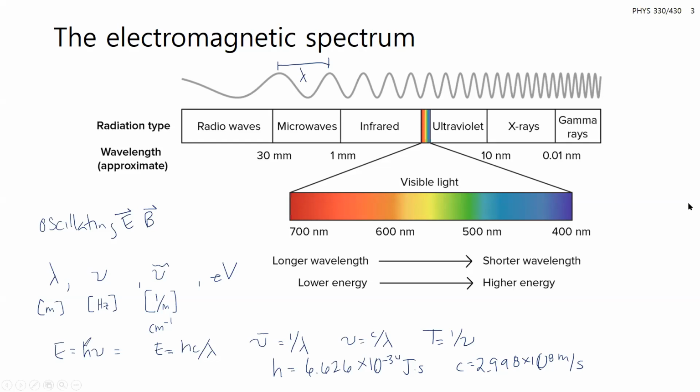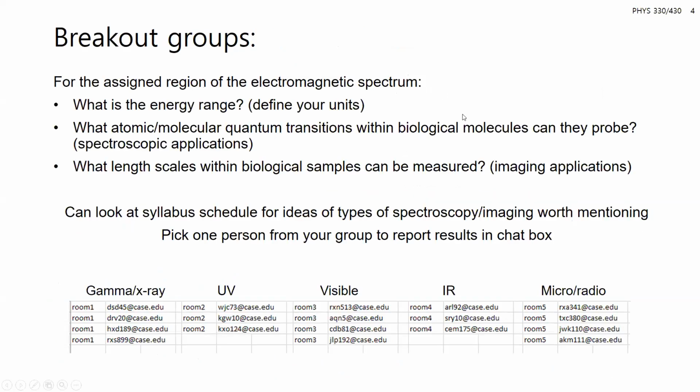So all these different ranges of the electromagnetic spectrum are used for different types of spectroscopy and different types of imaging. You should have seen these in different classes, and to do a recap, we want to go over what these energy ranges are. How do they interact with biological molecules? So what atomic or molecular quantum transitions?